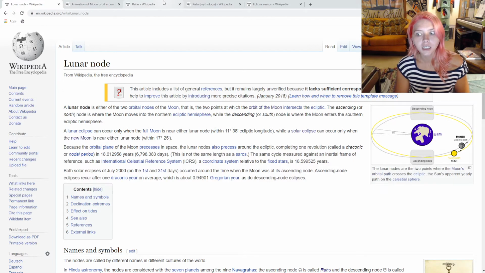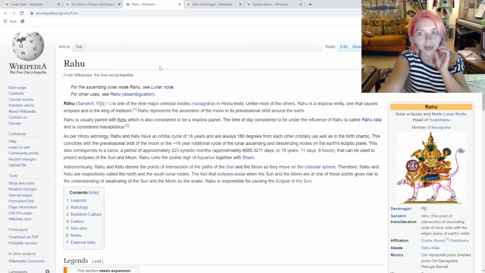So they imagined that there was a dragon and the lunar nodes were the head and the tail of the dragon. Another name for it is Rahu, and this comes from Hindu astrology. And look at that, they have an orbital cycle of 18 years, which is the cycle of the moon. So they had an idea of what was going on, they were able to track it, but they just didn't have all the pieces of the puzzle. But this still, I feel, is relevant symbolically.